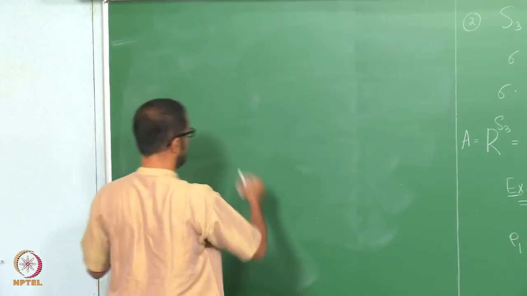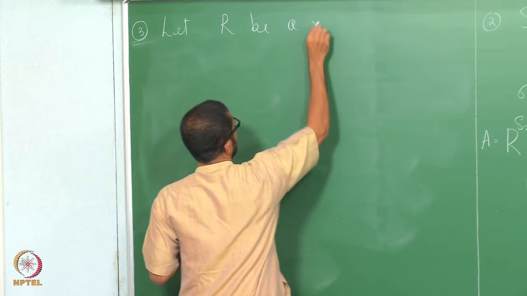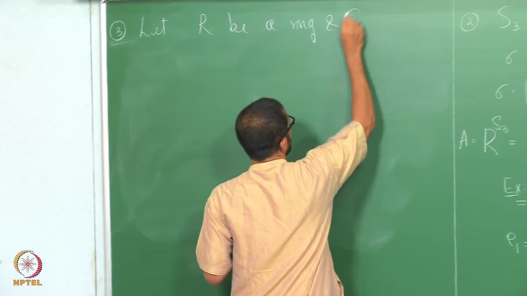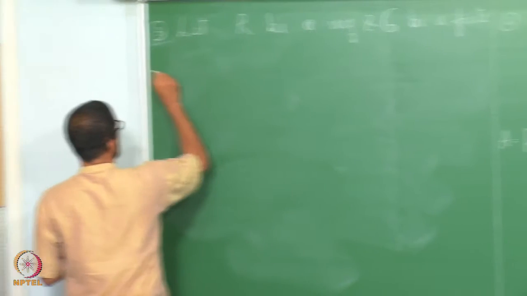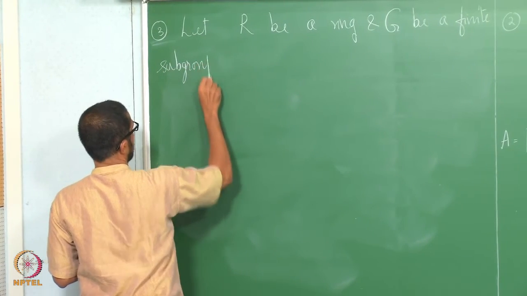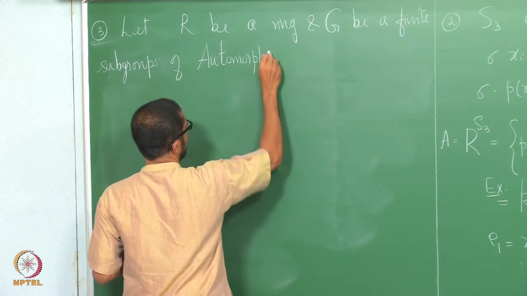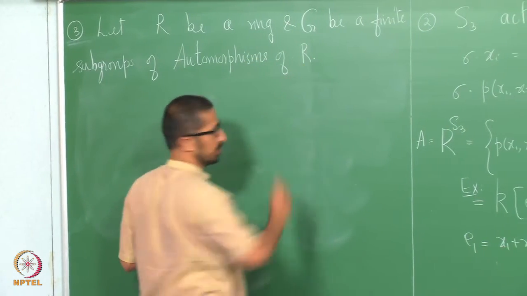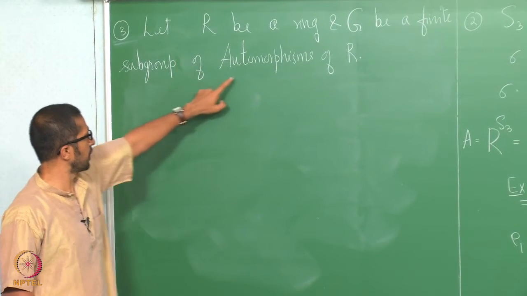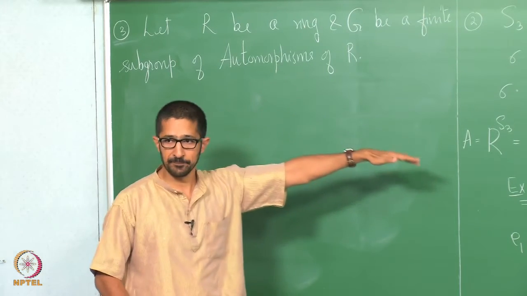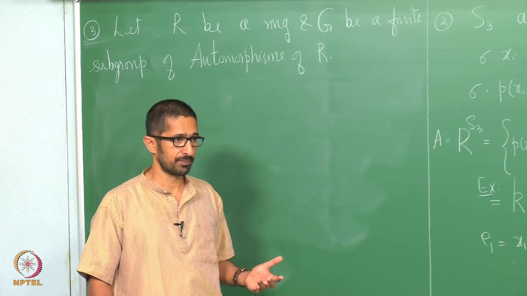I take a ring, let R be a ring and G be a finite subgroup of automorphisms of R. Automorphisms are isomorphisms from R to R, they are called automorphisms, okay.